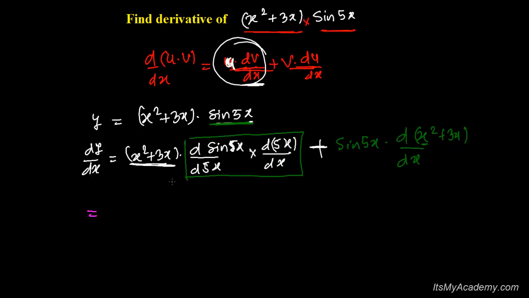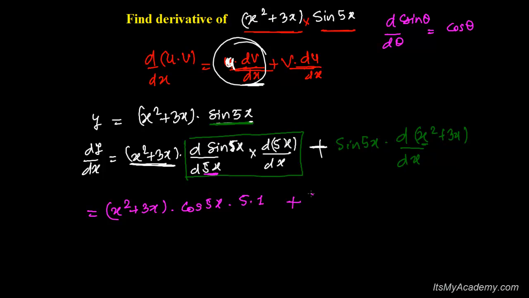Now I'm doing it one by one. This is x squared plus 3x times the derivative of sine 5x with respect to its angle, which is cos 5x, because everybody knows the derivative of sine theta with respect to theta is cos theta. And the derivative of 5x with respect to x is very simple, 5 times 1, because the derivative of x is 1. Now plus sine 5x as it is, times the derivative of x squared, that will be 2x, and the derivative of 3x, which is 3 times 1.